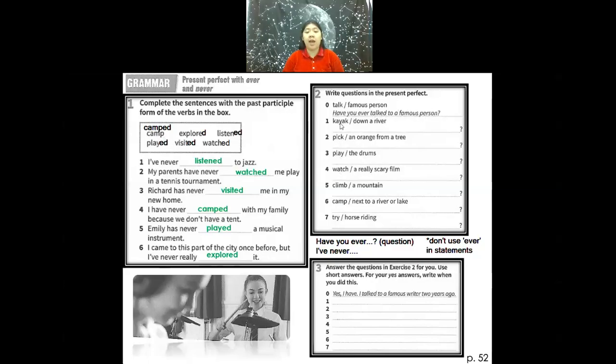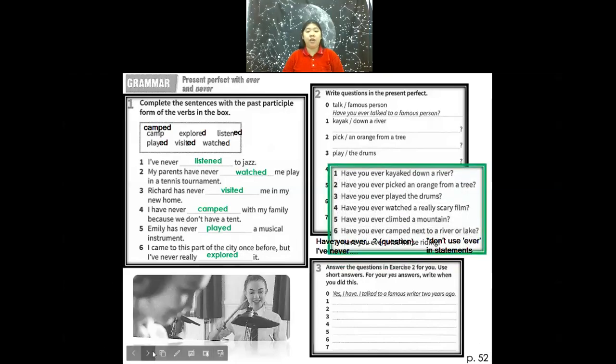Okay. So kayak becomes kayaked, pick becomes picked, play becomes played, watch becomes watched, climb becomes climbed, camp becomes camped, try becomes tried. Okay, so let's look at each one. Most probably all of them here will follow this pattern: have you ever. The first one is, have you ever kayaked down a river?